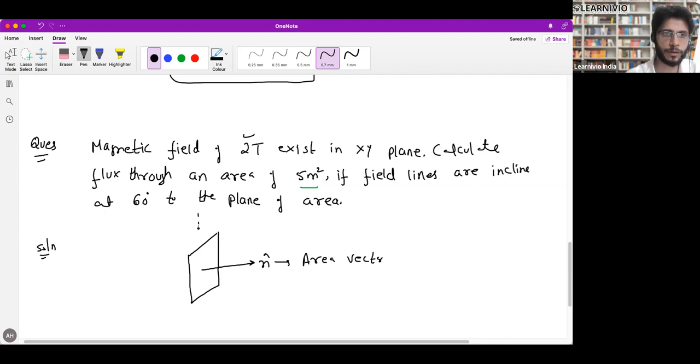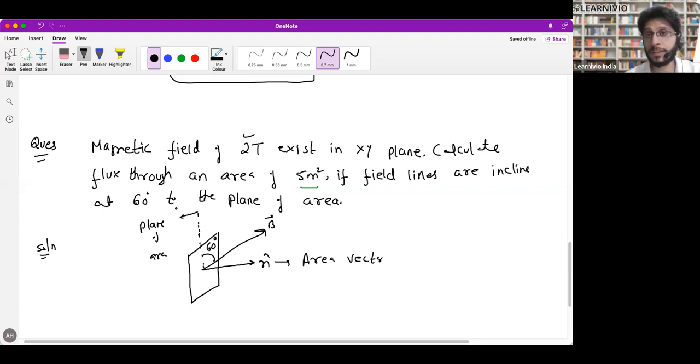This is the plane of area. This is the magnetic field. So what is 60 degrees? It's the angle between magnetic field and plane of area.